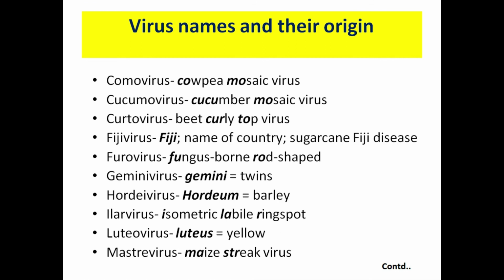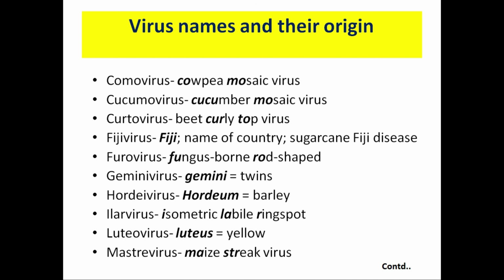Then comovirus, cowpea mosaic virus. Cucumovirus, cucumber mosaic virus. Curtovirus, beet curly top virus. Fijivirus. Fiji is the name of a country, and the first sugarcane Fiji disease was reported from there. So the virus group has been named Fijivirus.